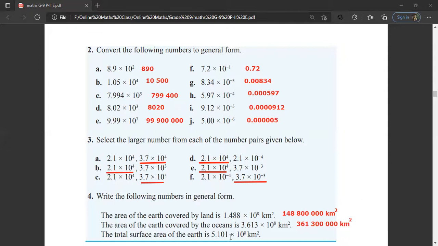510,100,000 square kilometers is the total surface area of the Earth. Yes, same way, right? You can write 510 million, 100,000.